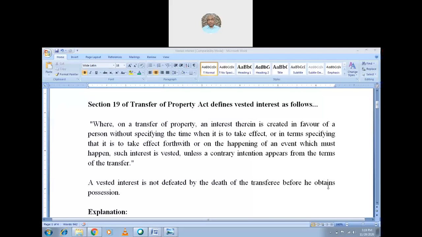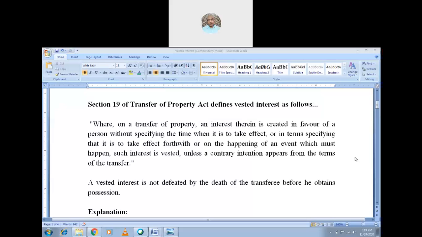Section 19 of the Transfer of Property Act defines vested interest as follows: where on a transfer of property, an interest therein is created in favor of a person without specifying the time when it is to take effect, or in terms specifying that it is to take effect forthwith or on the happening of an event which must happen, such interest is vested unless a contrary intention appears from the terms of the transfer.